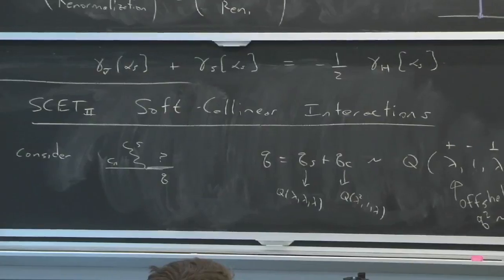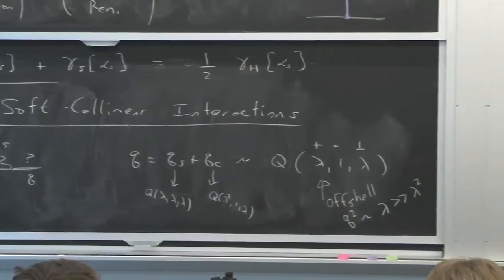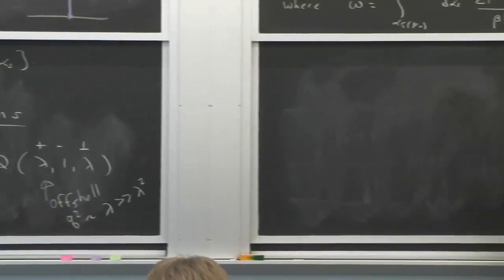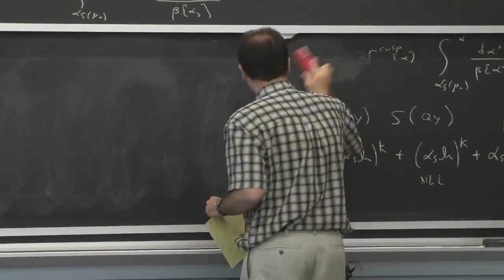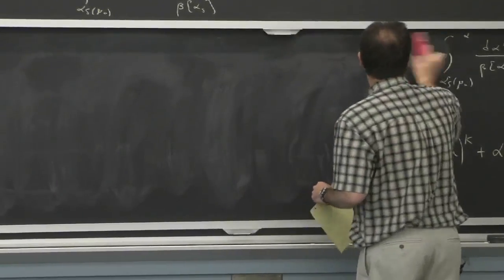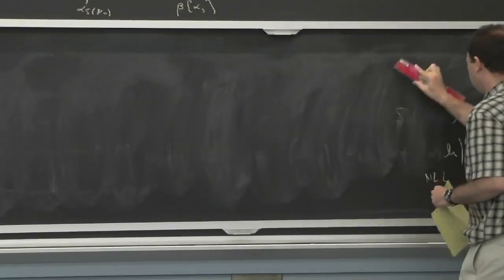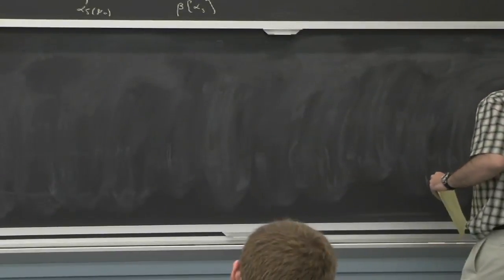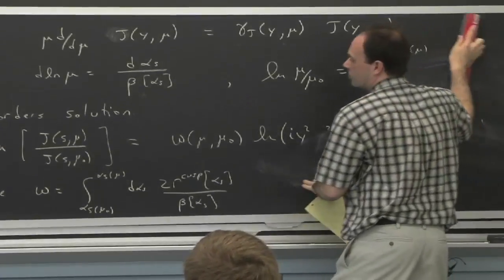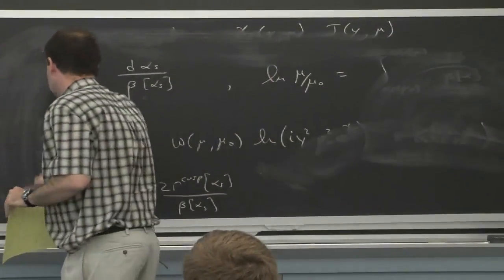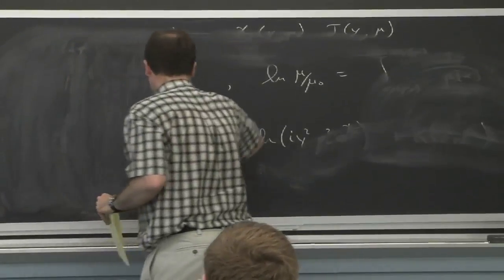So adding a soft and a collinear particle in SCET2 immediately gives you something off shell. That's going to make some things easier and some things more complicated. Mostly it's going to make things a little more complicated. But at least at the start, it'll look easier.